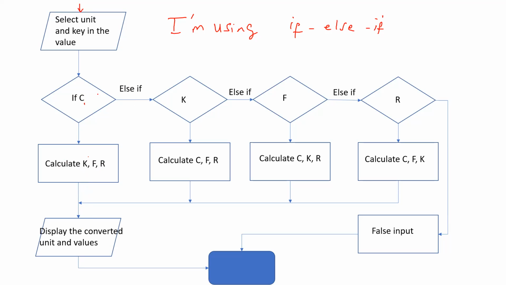If I key in K, I will calculate other than K. And if I key in F, I will calculate other than F. If I enter Rankine, then I will calculate other than Rankine. Otherwise, my message is false input.